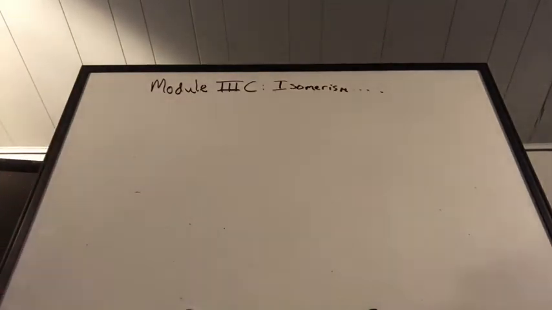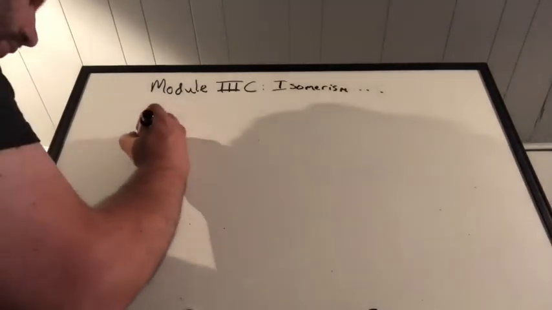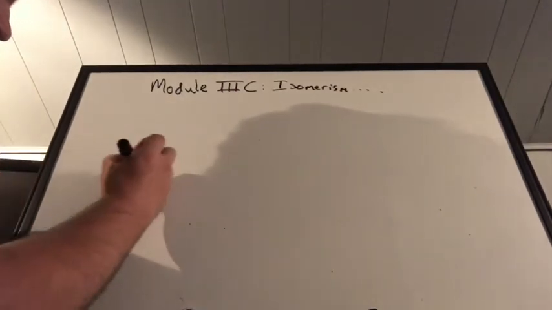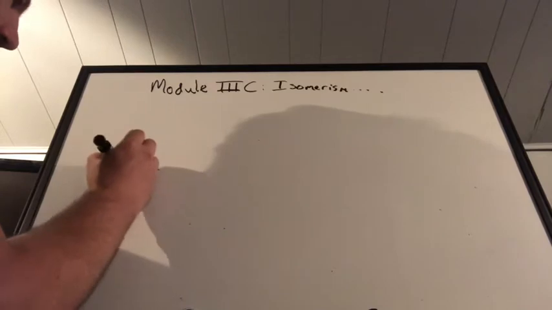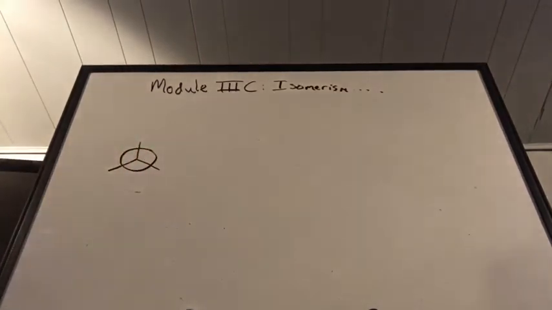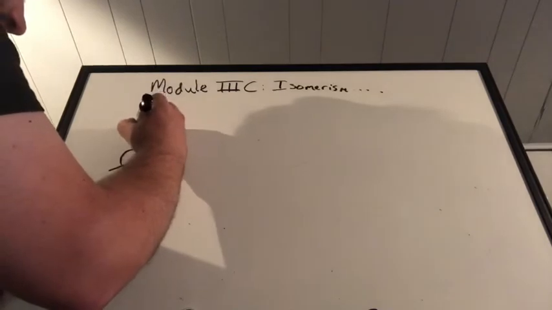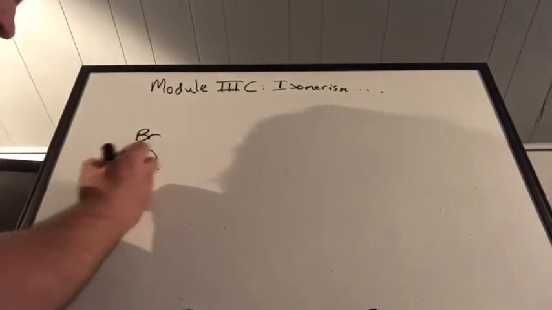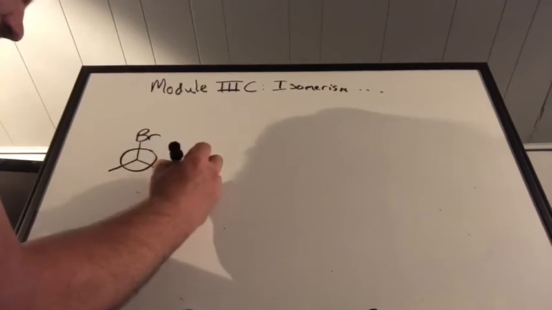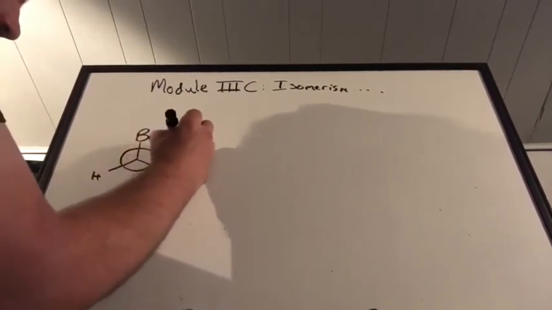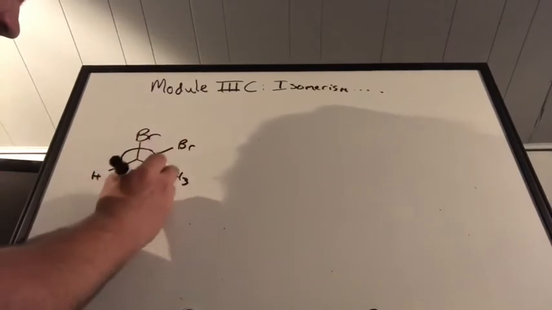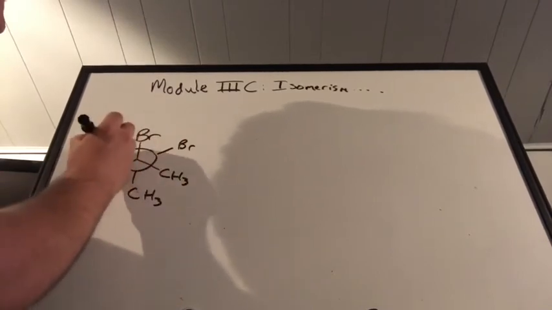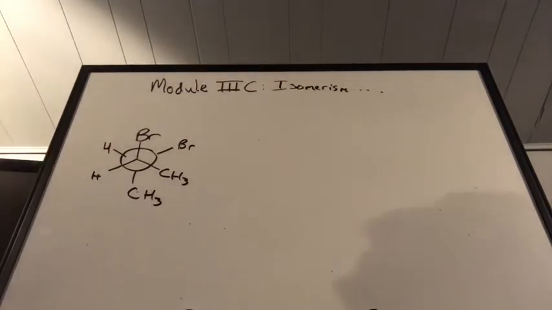isomers versus conformers. If you don't remember, conformers are really going to be a means of rotation as opposed to a difference in bond formation. So if you remember, for your conformers, like for instance 2,3-dibromobutane, this is going to be a relatively high energy conformer.